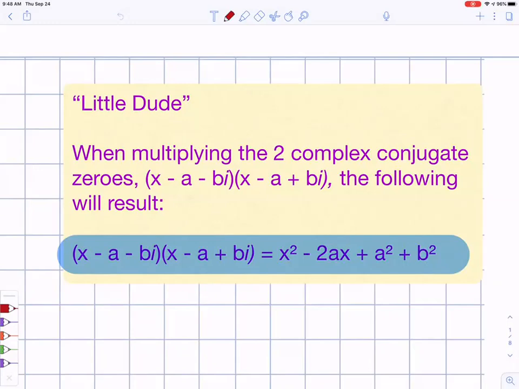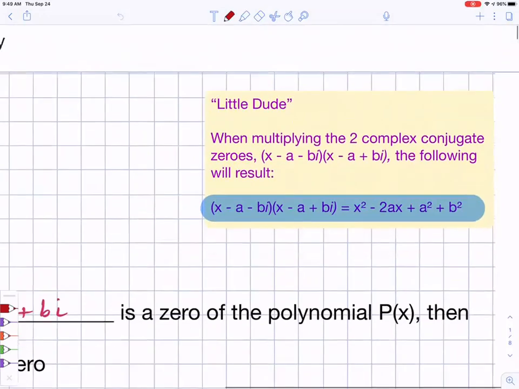So it's your choice. I won't force you to memorize little dude, but it will be to your benefit if you do.